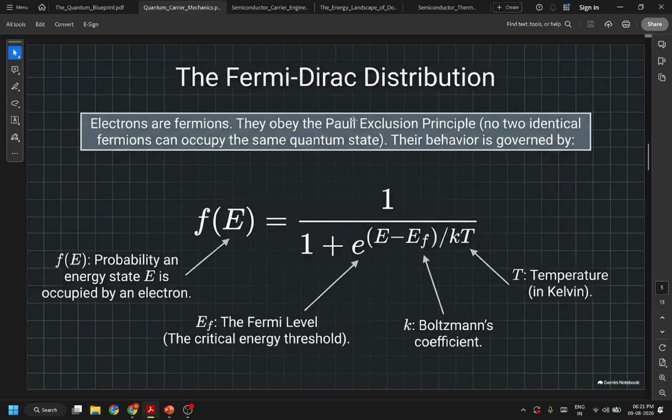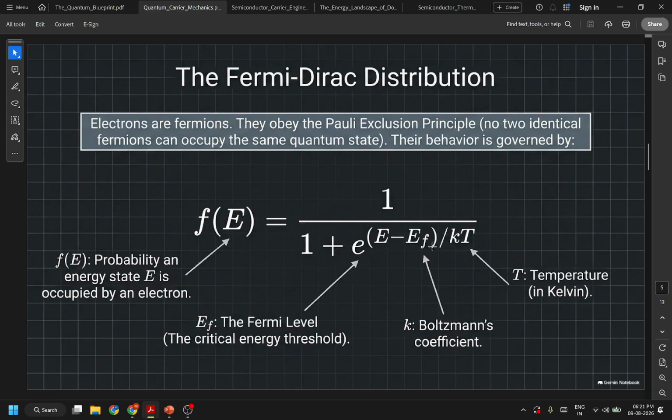So, if you see here, if my T is at 0 Kelvin, that is T equals 0, if E is greater than EF, then this will become e to the power infinity, which will make it 1 by e to the power infinity, that is 0.